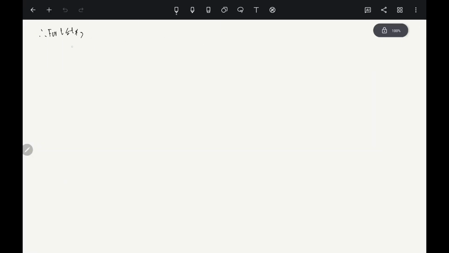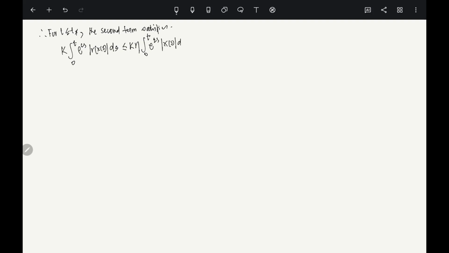So basically, what we can do is this: the second term, k times the integral from 0 to t of e^(εs) r(x(s)) ds, is dominated by k times eta times the integral from 0 to t of e^(εs) mod x(s) ds, which is nothing but k times eta times the integral from 0 to t of g(s) ds.